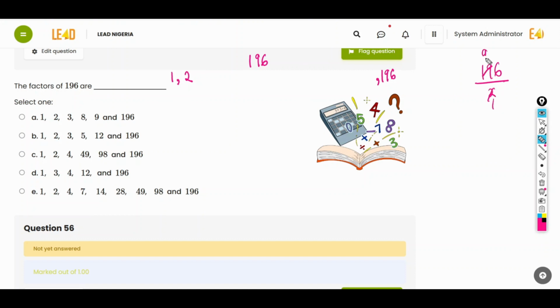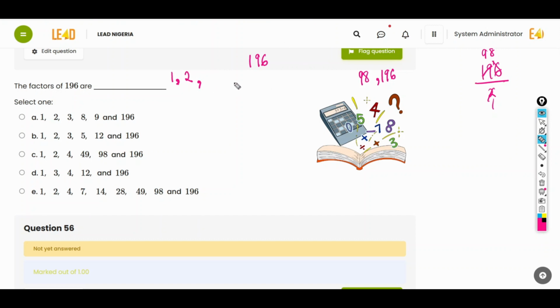This is 9, remainder 1, and 16 is 8. So 2 and 98. I know it cannot be divided by 3. Why not? Because the divisibility rule for 3 is you add up the digits, and if the sum can be divided by 3, then that means the number can be divided by 3. But if I add up these digits here, I get 16. 16 cannot be divided by 3, so therefore, it cannot be divided by 3.